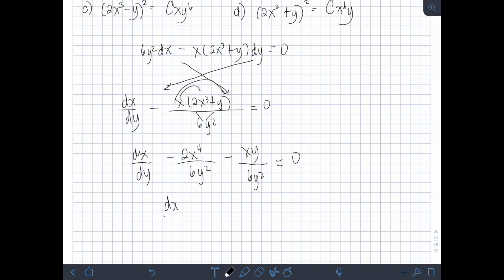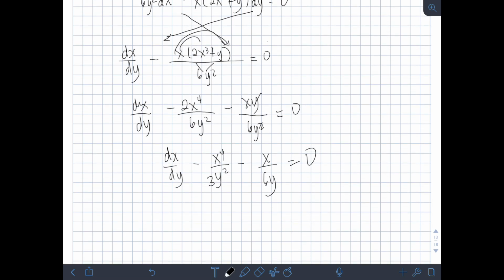Simplify, magiging dx over dy, minus x to the 4th y squared over 3, minus cancel si isang y, x over 6y equals 0. Okay, so parang linear siya in x, so transpose ko to dito, dx over dy minus x over 6y equals x to the 4th over 3y squared.